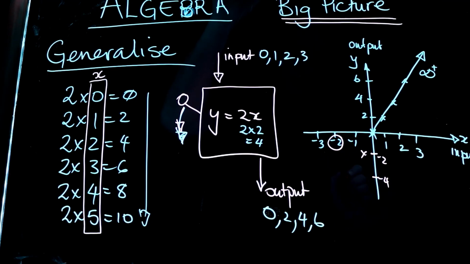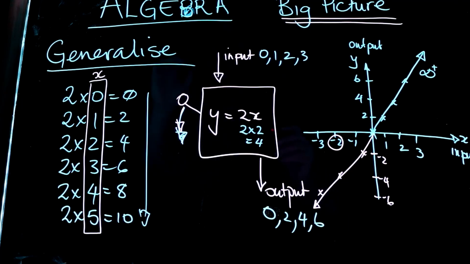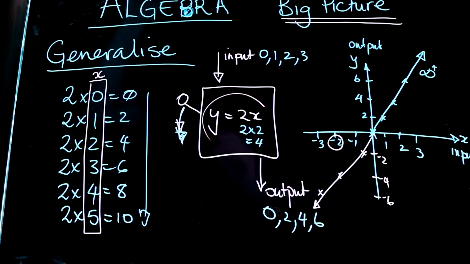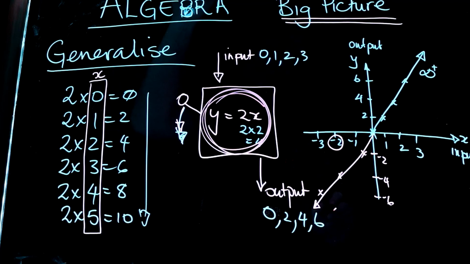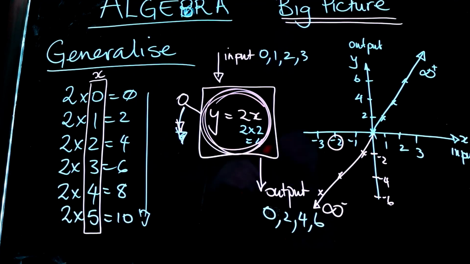We get -4 out of that, and then -6. So not only that, we've got a general idea of what this algebra machine is going to produce. And this is going to tend towards the negative side of infinity. Here, if we keep going, those arrows represent that the line continues on.